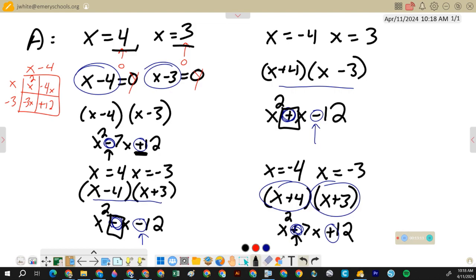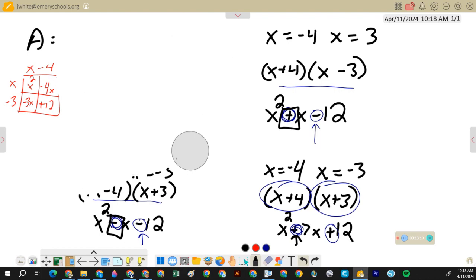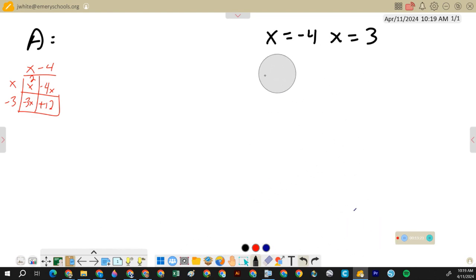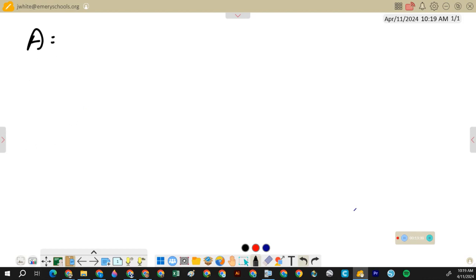All right. Now, why do we care? Well, lots of reasons, but we're going to start with the basics. So, this is the bottom part of E, x squared minus 7x plus 12.